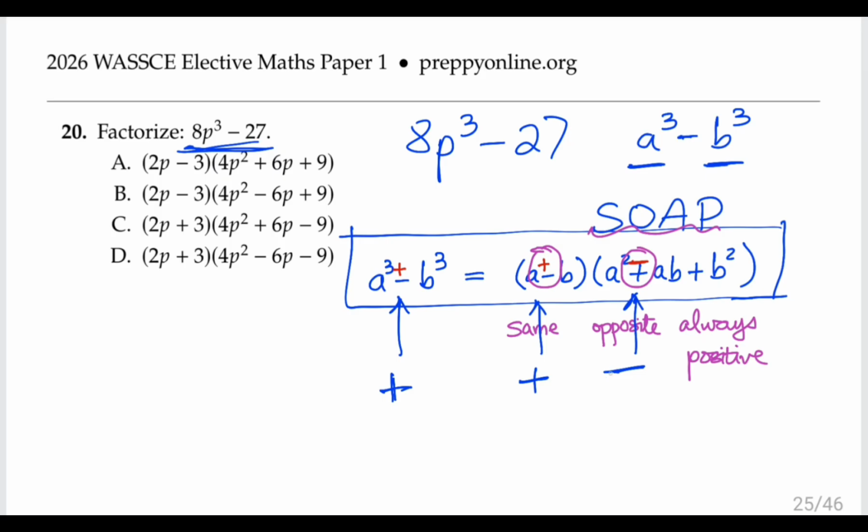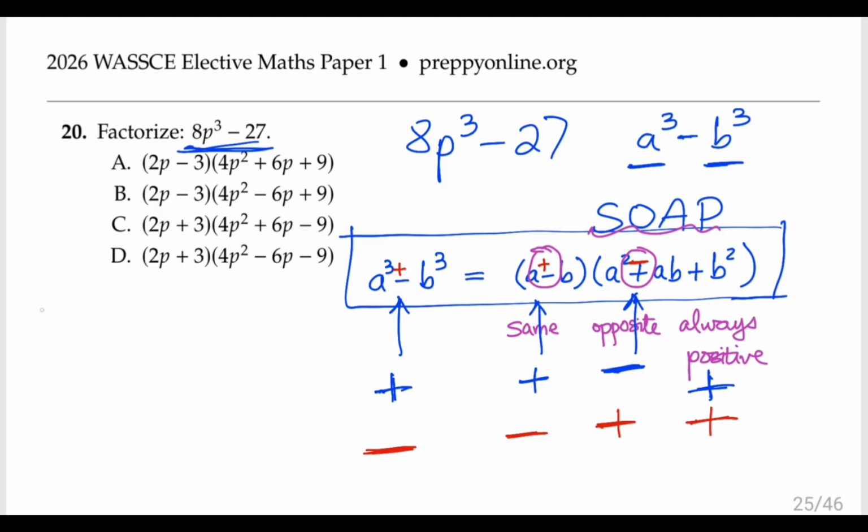Because of same, you have negative here. But this one is always positive. Whether it's positive or negative on this side, this is always positive. And then if you have negative here, you're going to have negative here, but you're going to have positive here, and you have positive. So same, opposite, always positive. That's the SOAP method for remembering this formula.